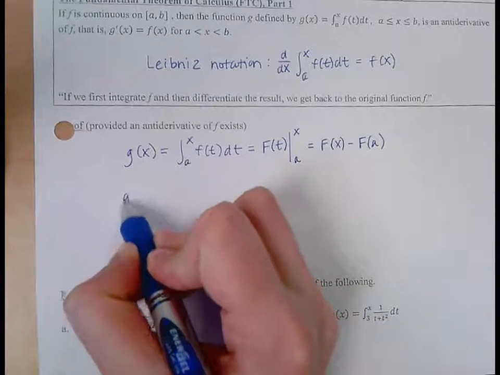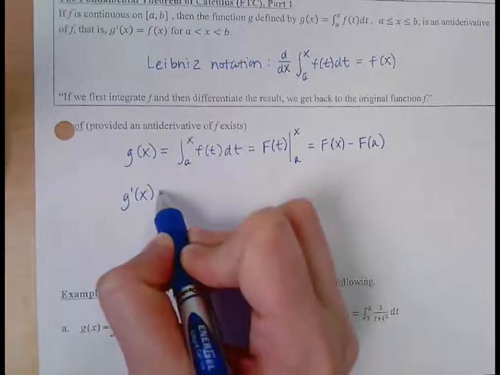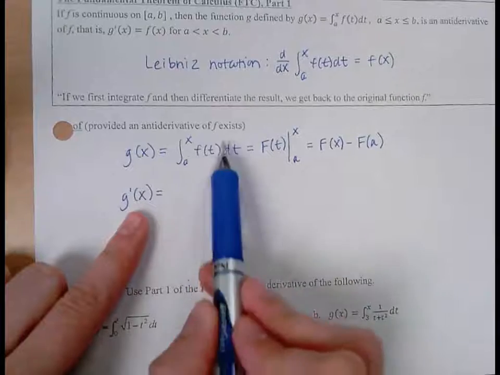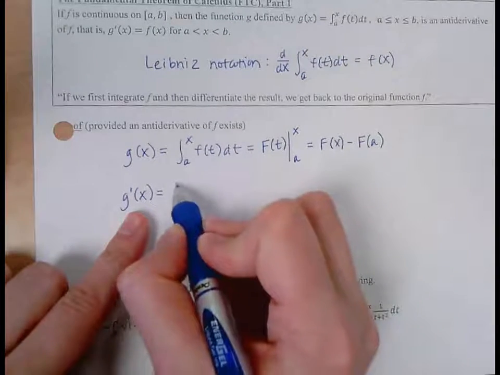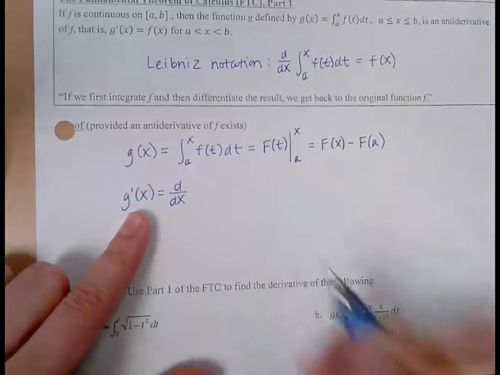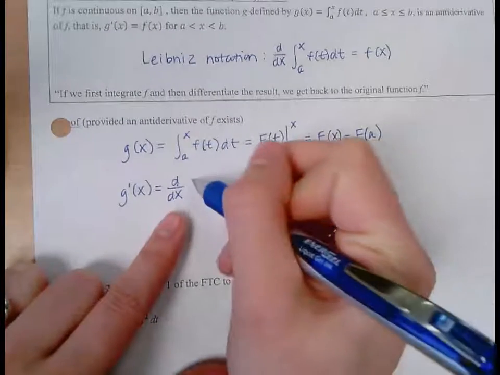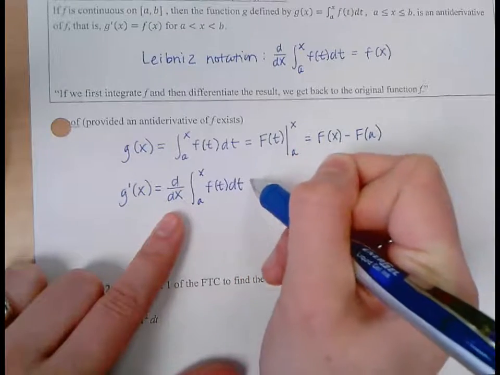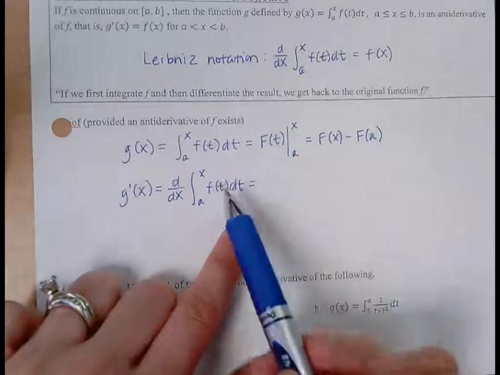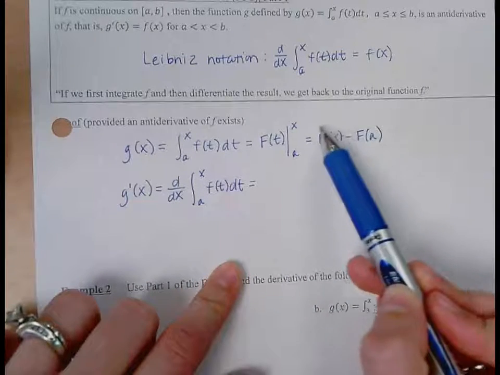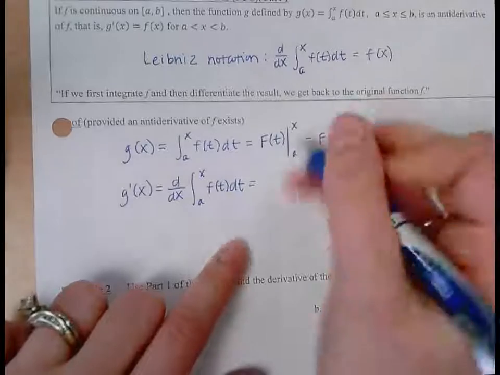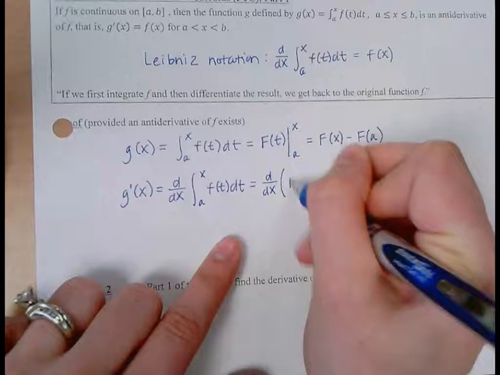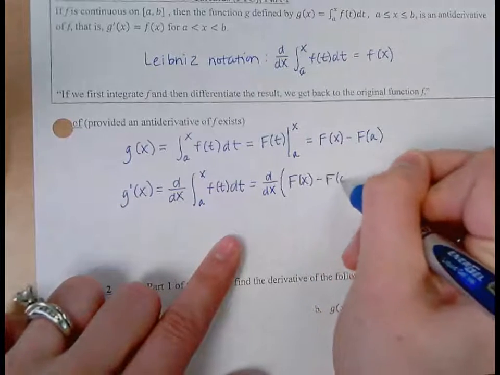So then if you wanted g prime of x, that is then, and I'm going to show the derivative of the integral as well, taking the derivative with respect to x of your integral. But that means because we said the integral was equal to capital F of x minus capital F of a, you're really taking the derivative with respect to x of capital F of x minus capital F of a.